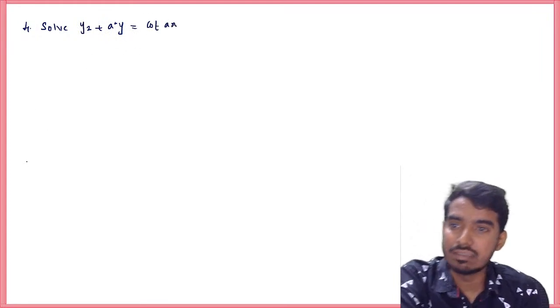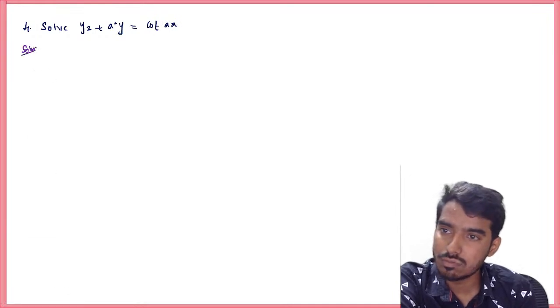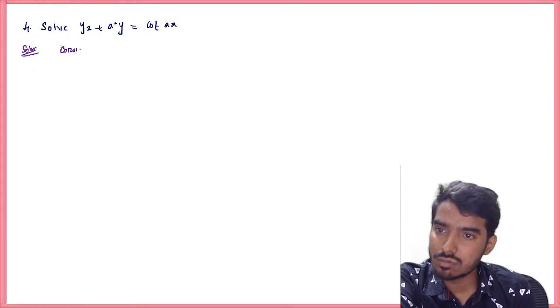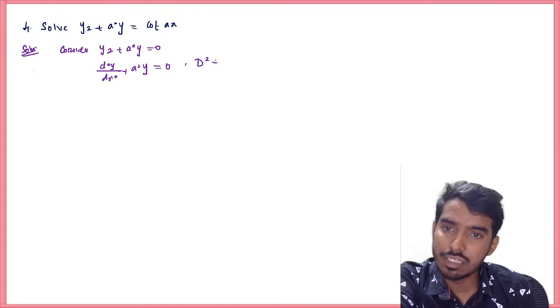Right? So we'll do this fast. So consider y2 plus a square y is equal to 0. So this is same as d square y by dx square plus a square y is equal to 0. All are same only, right? This is D square plus a square of y is equal to 0.